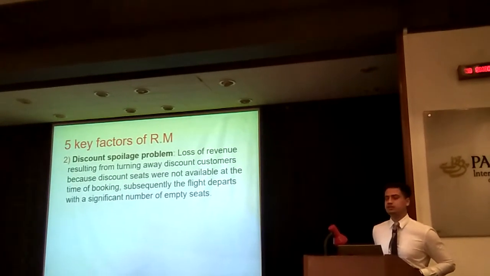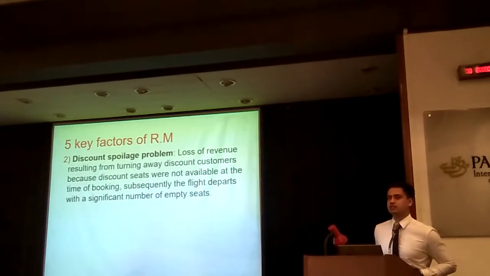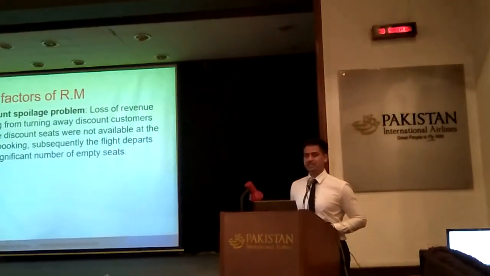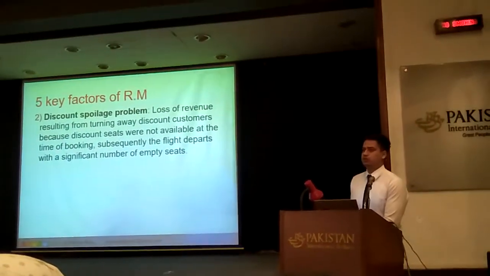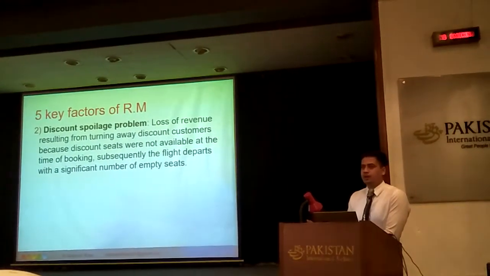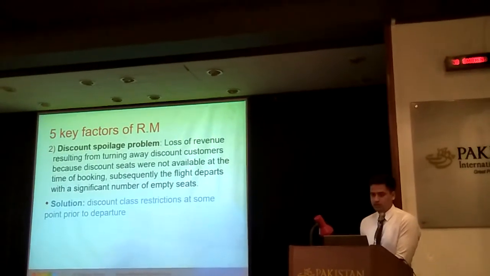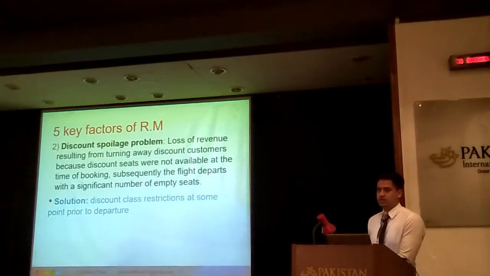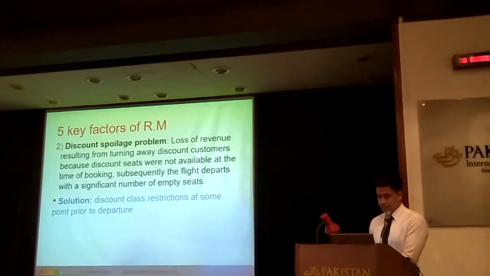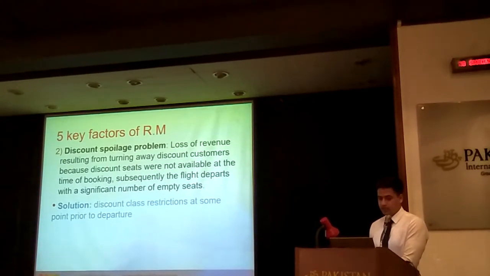You don't do any research, you don't come up with accurate figures for the aircraft, and that's how you either under-constrain or over-constrain the demand for the passenger. To resolve this demand issue on an aircraft, what revenue management does is restrict discount classes at some point prior to the departure.